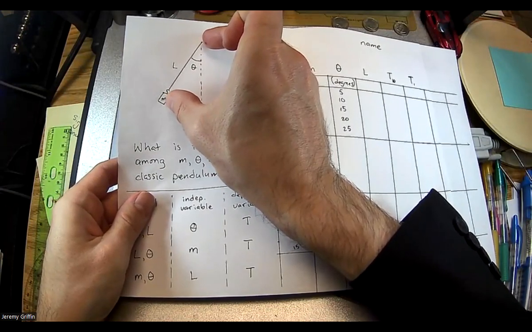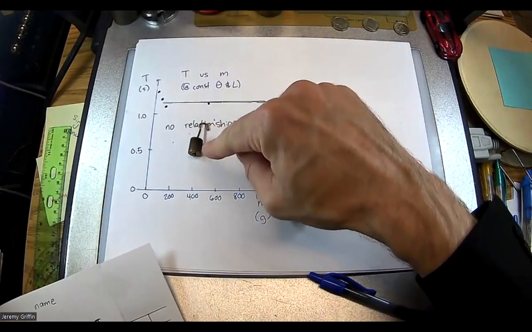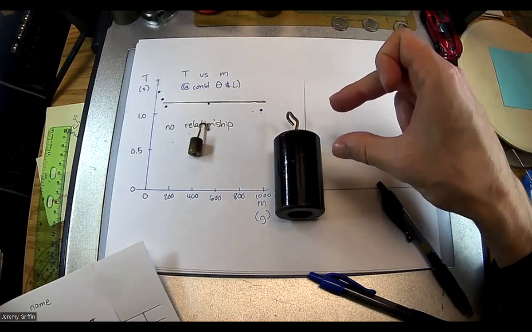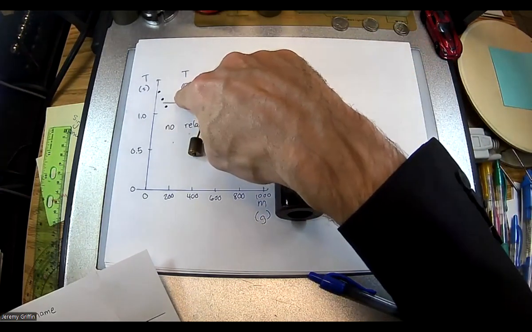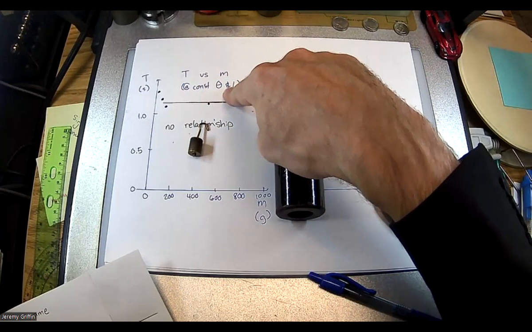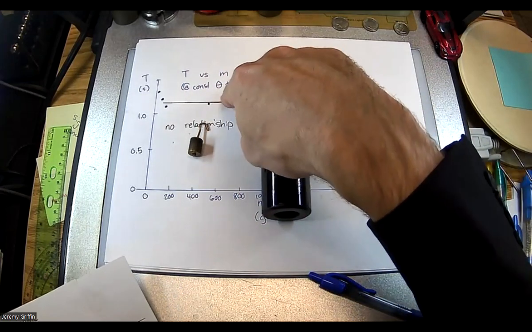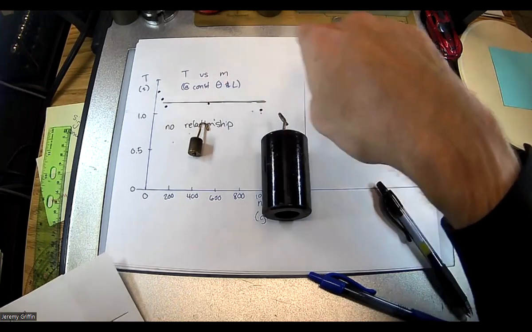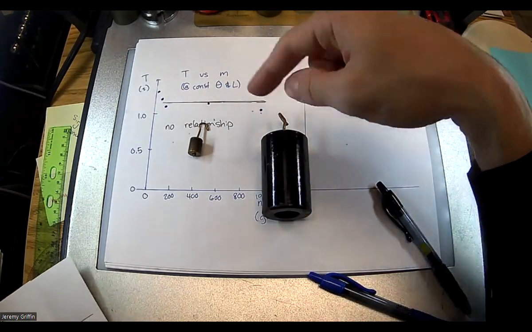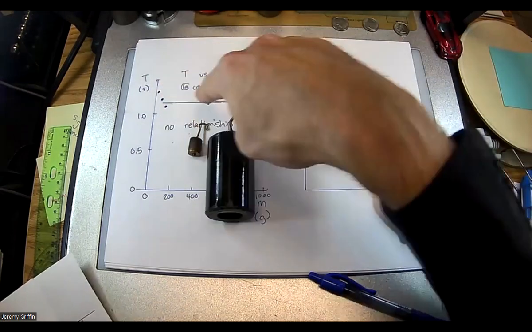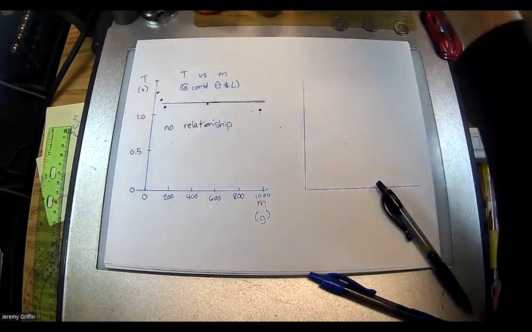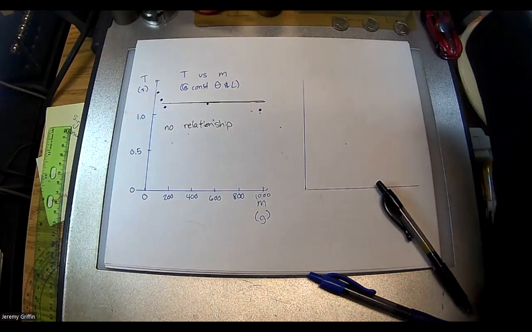With a little tiny mass, that's right about here, but the big mass is way down here, which adds some length. So even though I said constant angle and length, that's not exactly true. For the larger masses, the length gets a little bit longer, which, as you might remember from yesterday, slowed it down a little bit. That would be a good reason the graph slopes down. But if you control for that, it's pretty much no relationship.